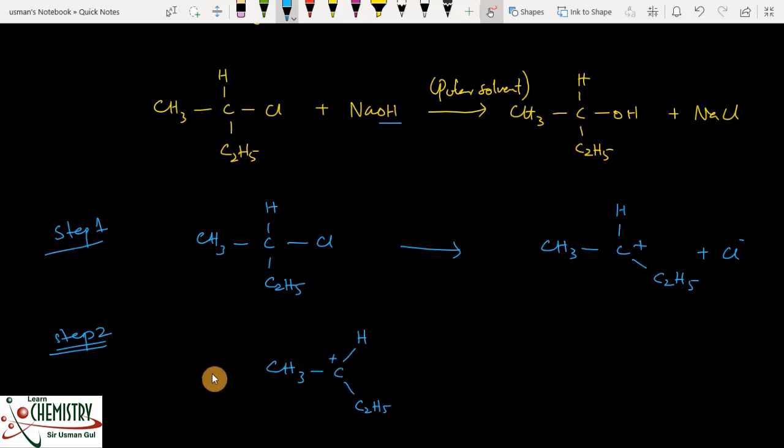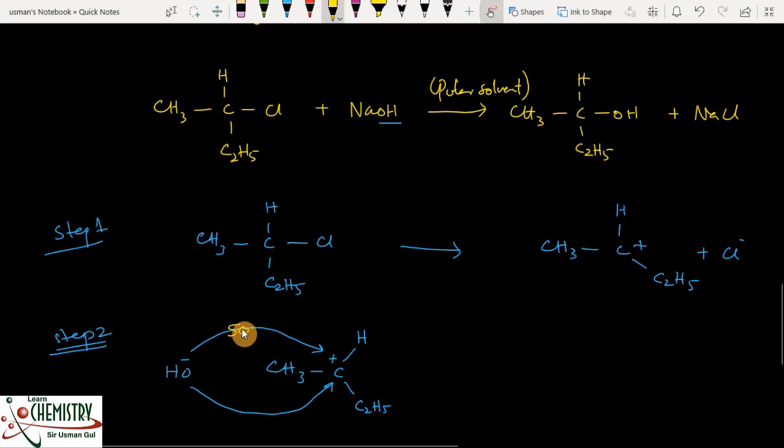Now remember I already told you that this OH, the nucleophile, can attack from above the plane or from below the plane. It has a 50% chance to attack above and a 50% chance to attack below.